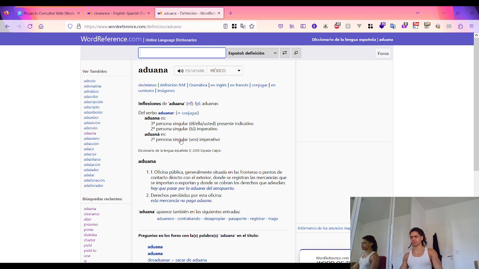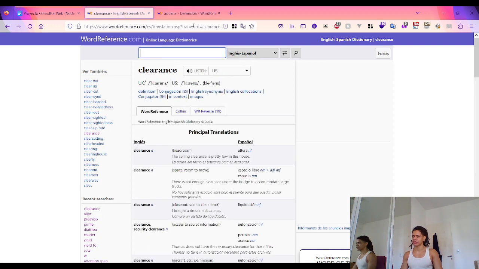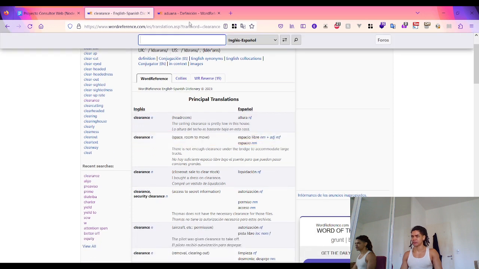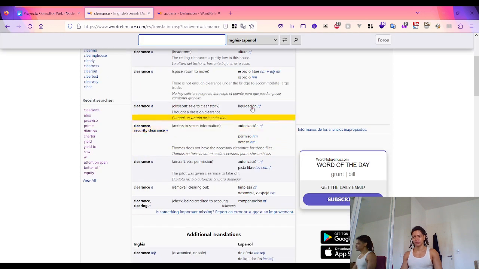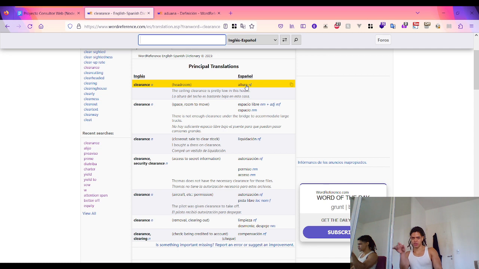Okay. Cool. So clearance has different meanings. It is funny because clearance in Spanish has different meanings depending on the context, whereas in Spanish you have a specific word to describe that particular thing.